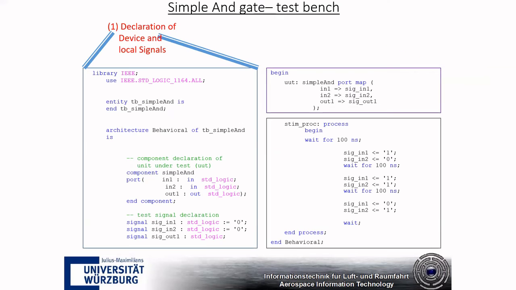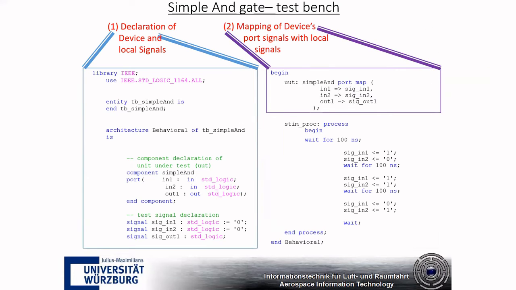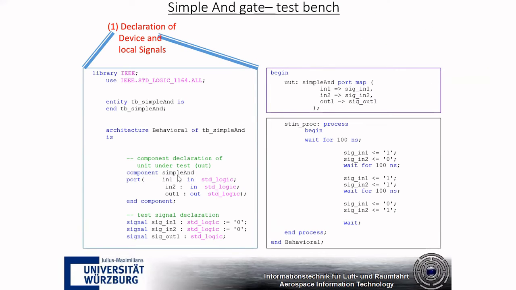Here my component name is the entity name of the design I am testing, with the same declaration of input and output that I have done in the design. And these are the internal signals of the test bench. These signals will be matched with the signals of my design.